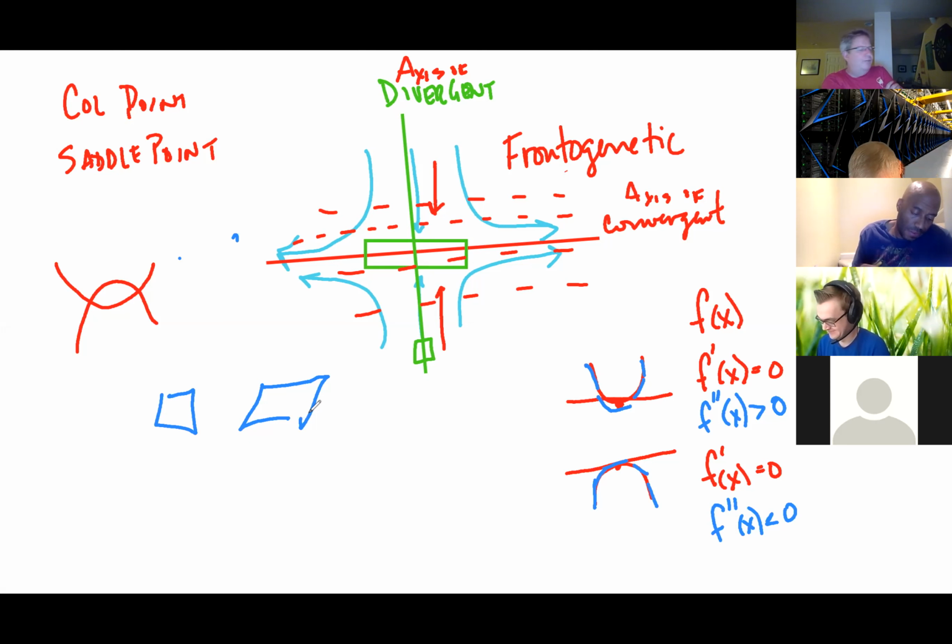And then what do you call velocity times a gradient? Velocity times a gradient is called a what?